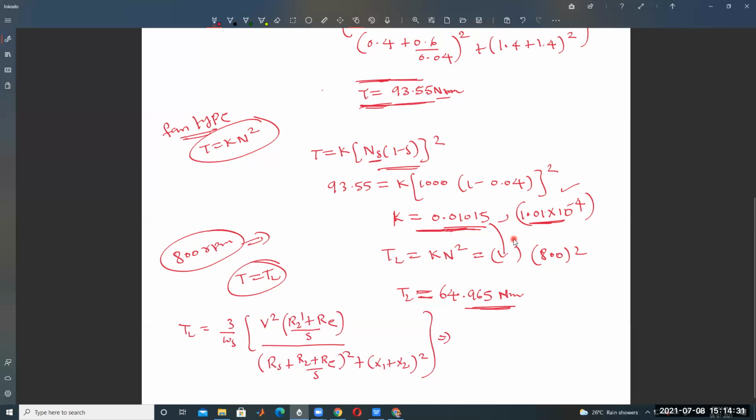Substitute all values, and from this relation the only unknown is R external. The remaining are known. By using this equation, find external resistance. Same as the previous one.